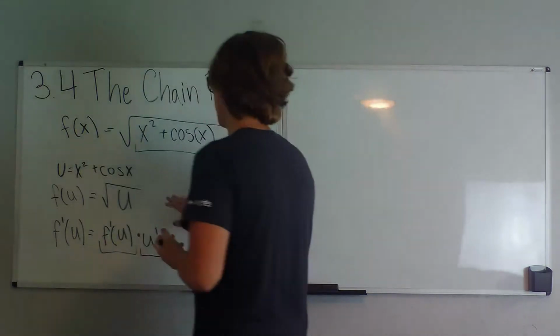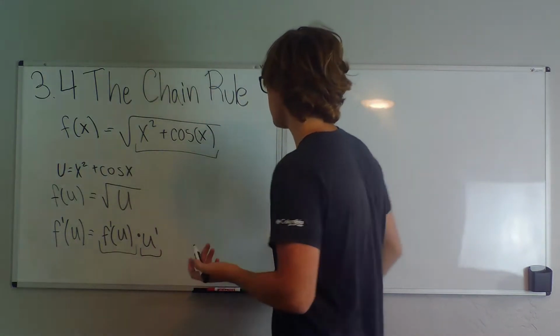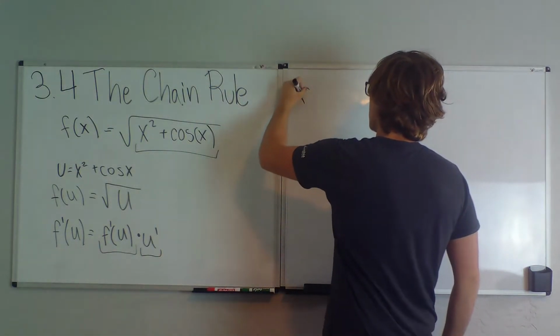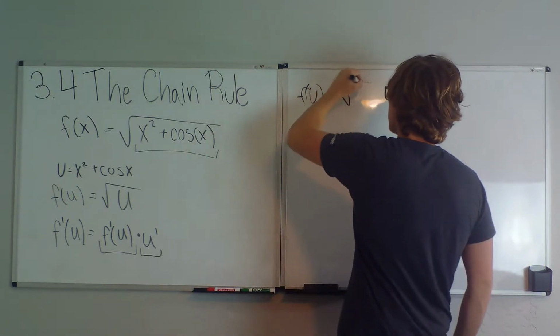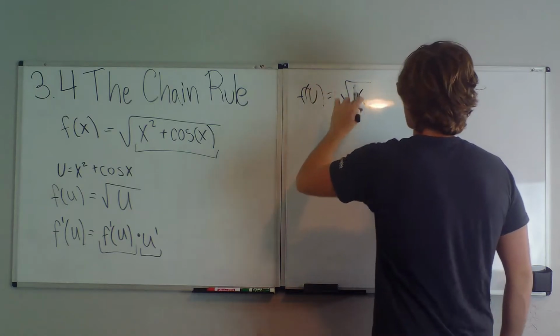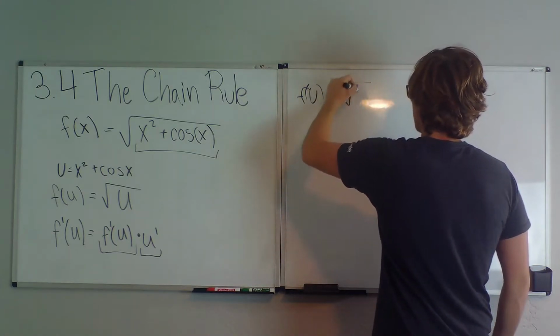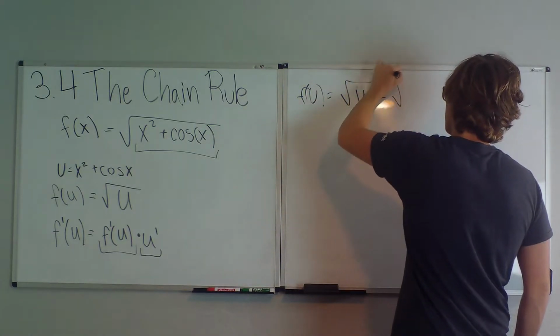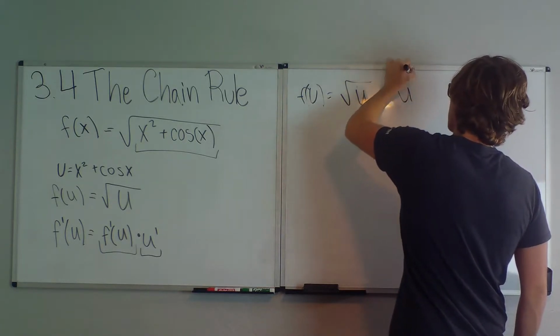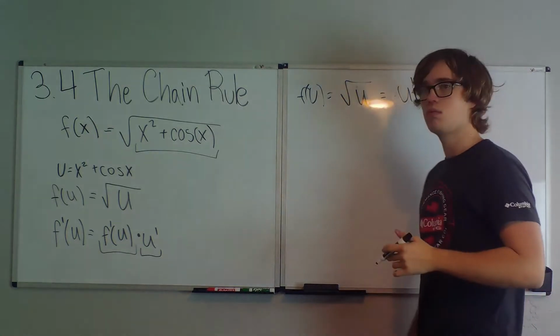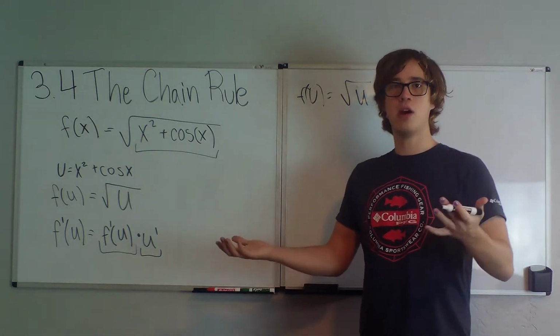Okay, well, perfect. So we need to do this. We have f of u is equal to square root u. And what is that also equal to? That is also equal to u to the 1/2. And we see, oh, hey, perfect. Power rule.